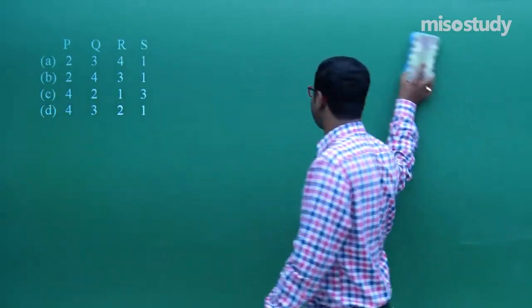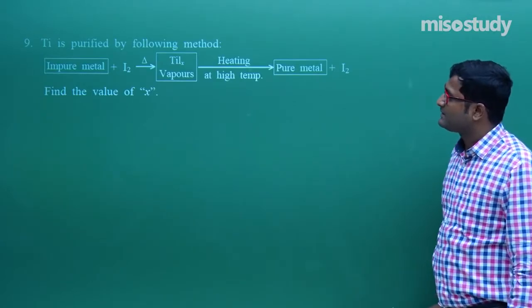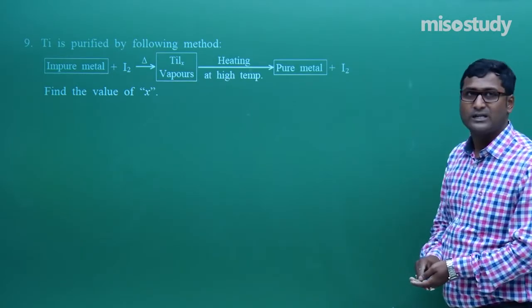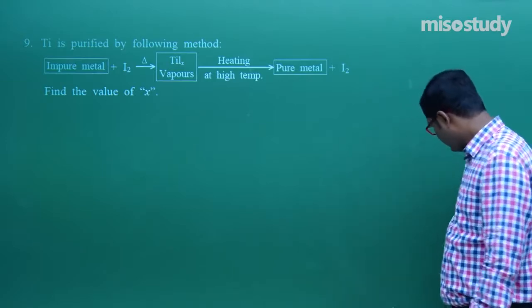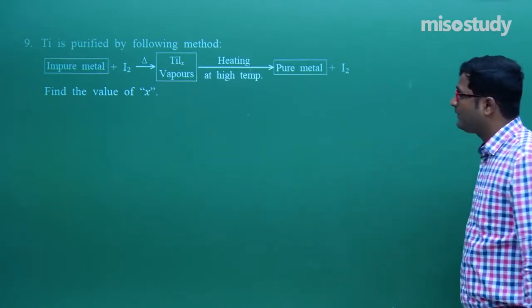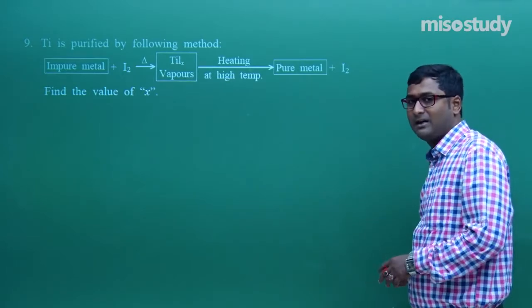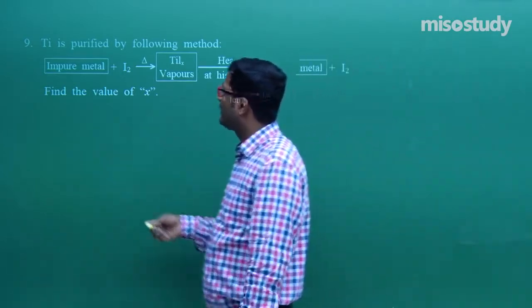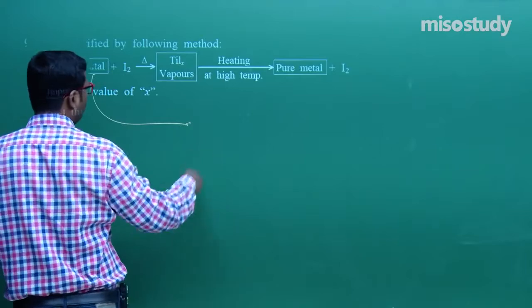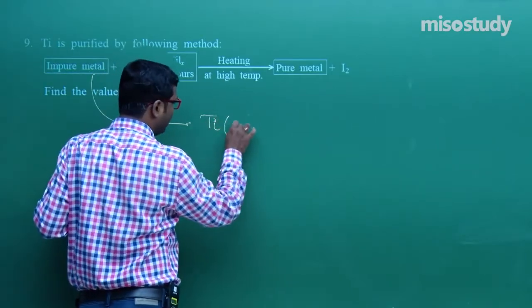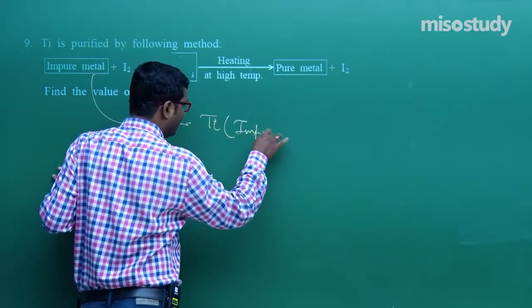What I'm telling, listen carefully. Tell me which type of method it is. Sir, wait for a moment. Sir, this is the Van Arkel method. In the Van Arkel method, if I talk about Ti, here is impure Ti, clear to you?